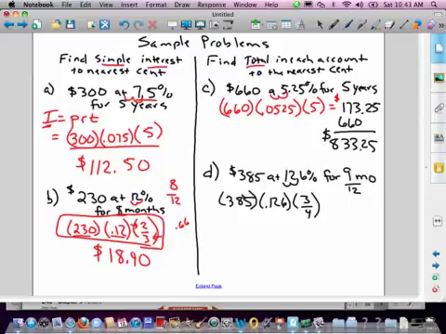I'm going to say times 3 divided by 4, and I get 36.3825, and we're going to round it to the nearest cent, so 36.38. So that's my interest, and then add in my principal, 385, so plus 385, and I end up with $421.38 for my final answer.